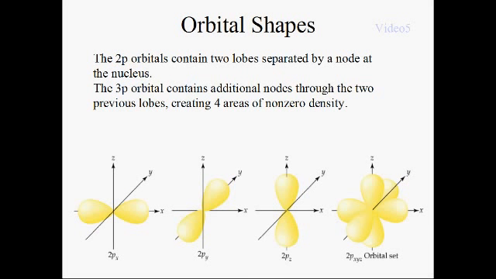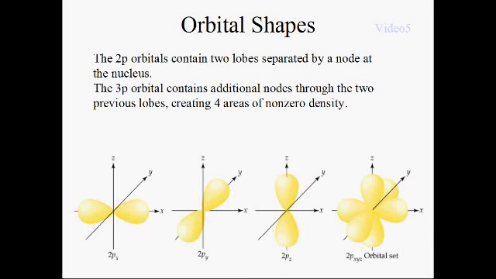For the p sublevel, each orbital is 2 lobes. Those are the 2 phases of the electron wave. So it's the peak and the trough on opposite sides of the nucleus.